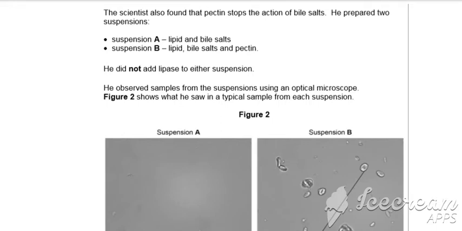But the bile salts have been added to the lipid droplets, and the bile salts will allow the process of emulsification to happen to the lipid.